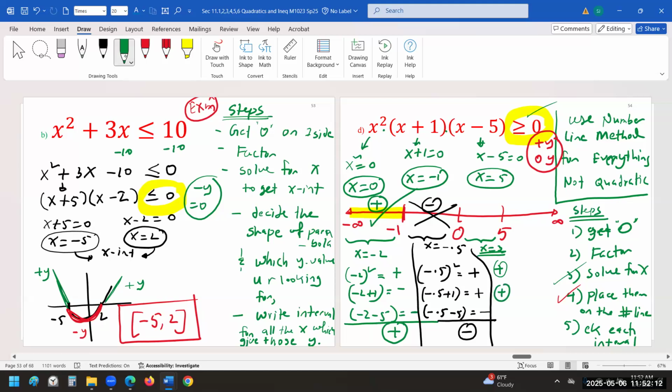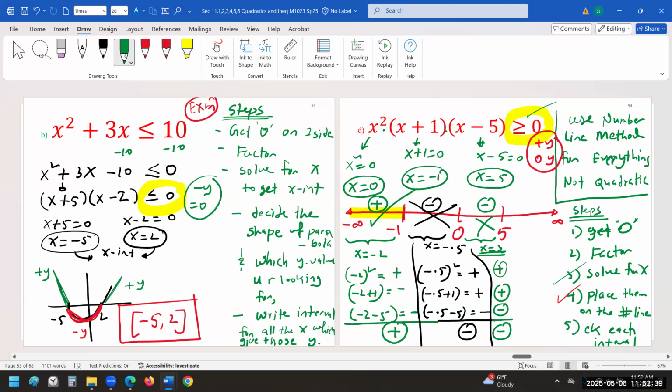And then we have 3 minus 5, negative, right? Because 5 is bigger. So if you multiply all 3, we get a negative. So we also cannot take this interval. Every number from -1 to 0 gives us negative, and from 0 to 5 gives us negative.